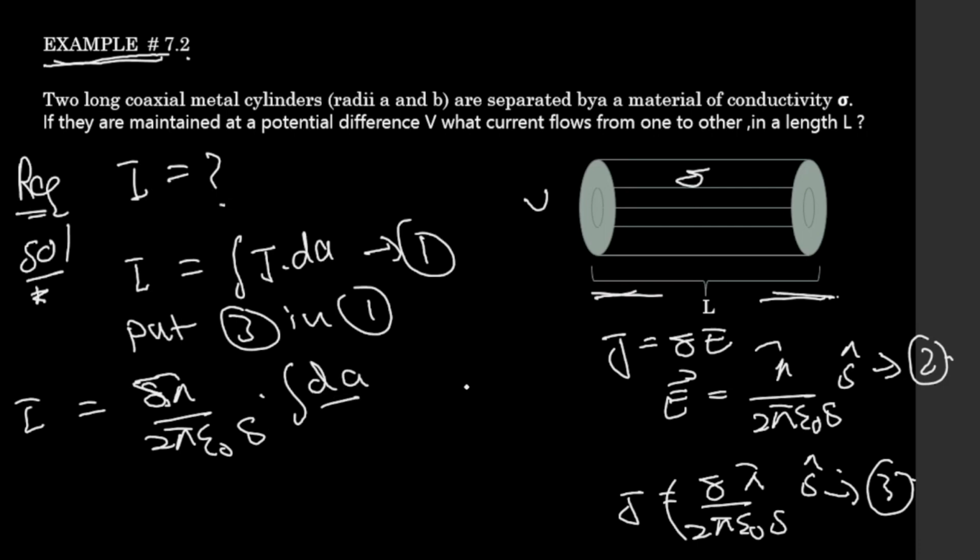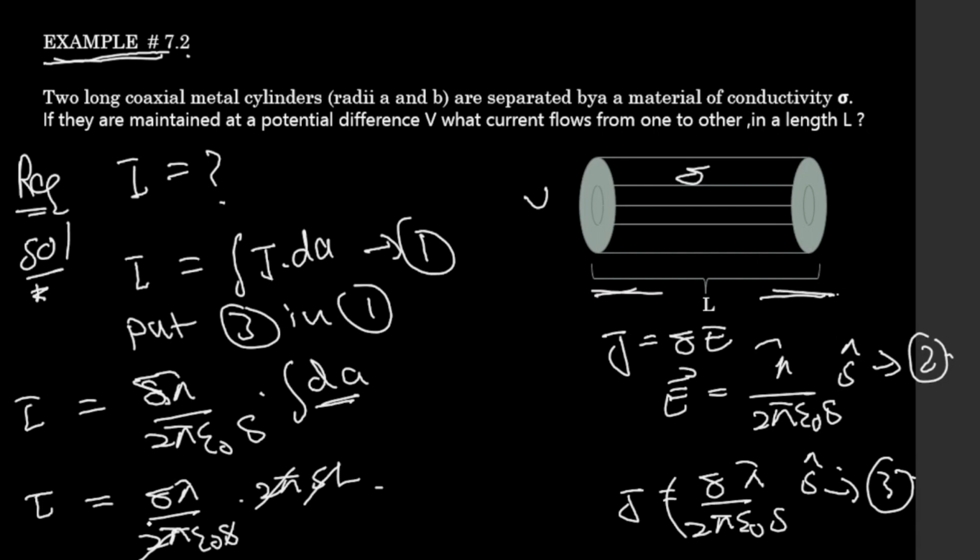The integral of dA is equal to 2 pi S times L. Now 2 pi and S will cancel out, and we are left with I equal to sigma times lambda divided by epsilon naught times L. Now we have found the current.